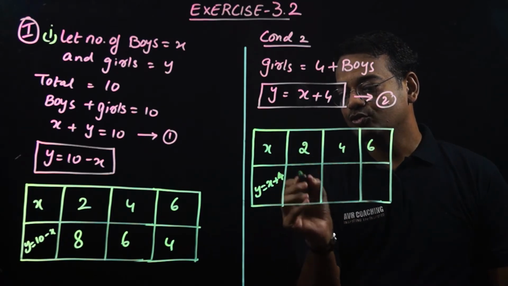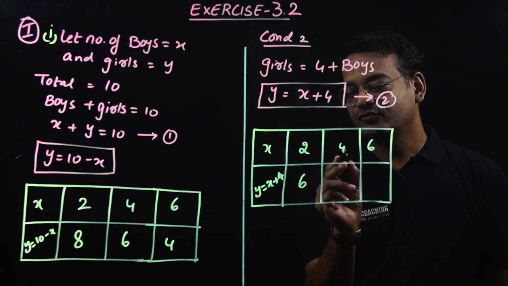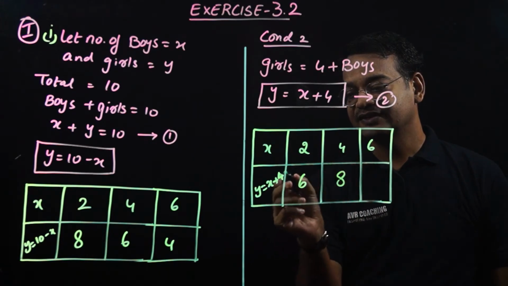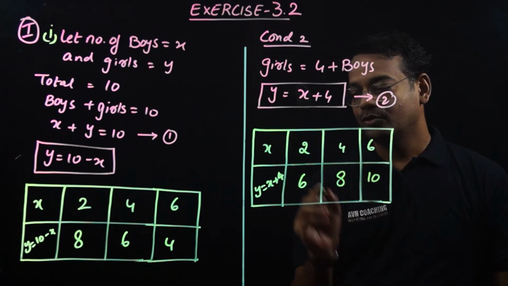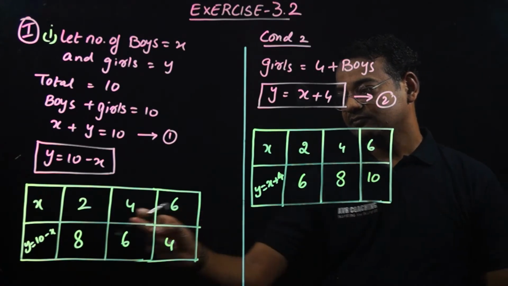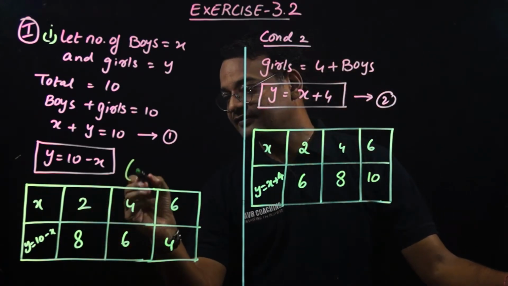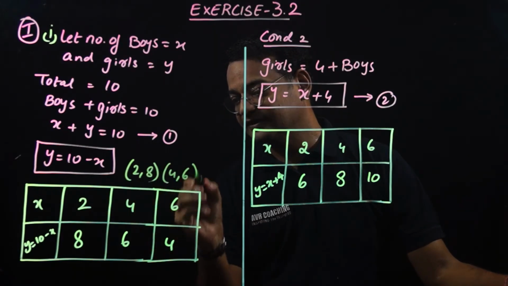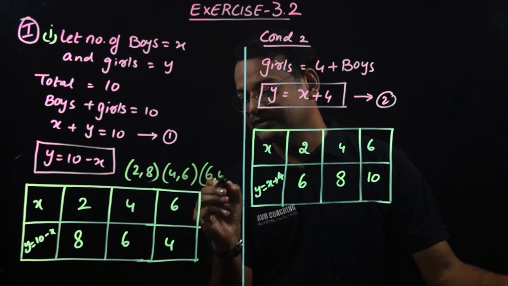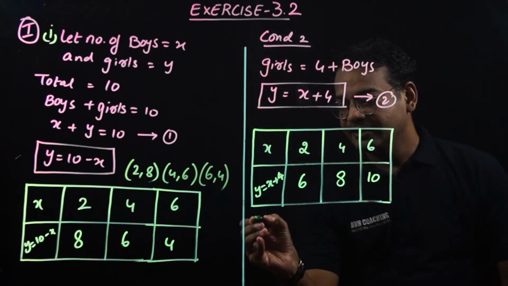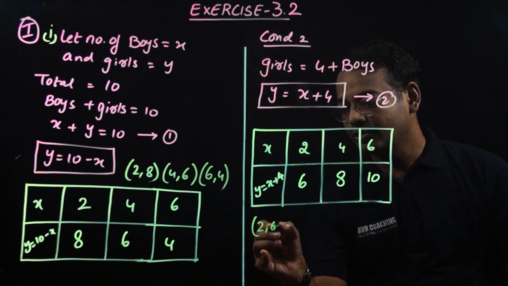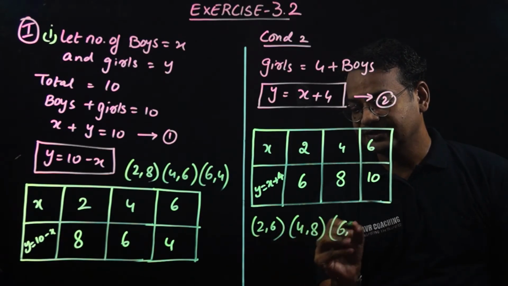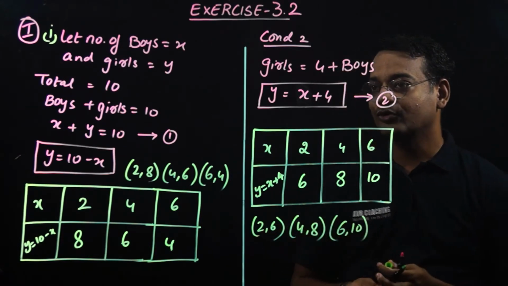X value is 2, 2 plus 4 is 6. X value is 4, 4 plus 4 is 8. X value is 6, 6 plus 4 is 10. So here the coordinates are (2, 6), (4, 8) and (6, 10). Now for this we are going to do the graph.